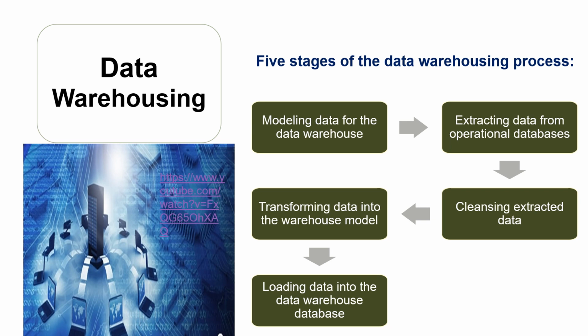We will explain each one in detail. For data modeling, we need to create what we call the schema of the warehouse database, and based on this schema we extract or collect the data from the operational database. Then when we collect it, we will have denormalized data.